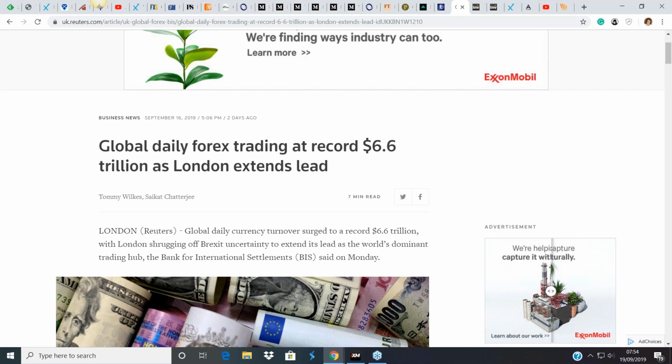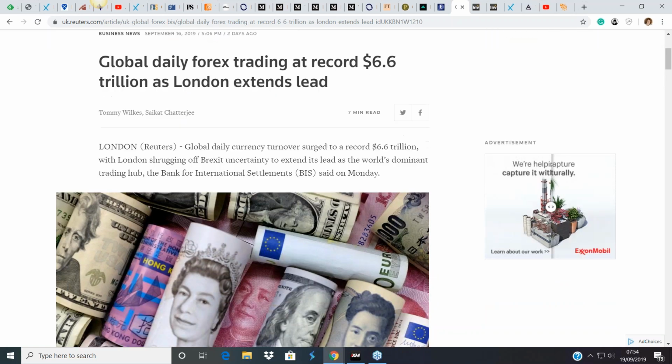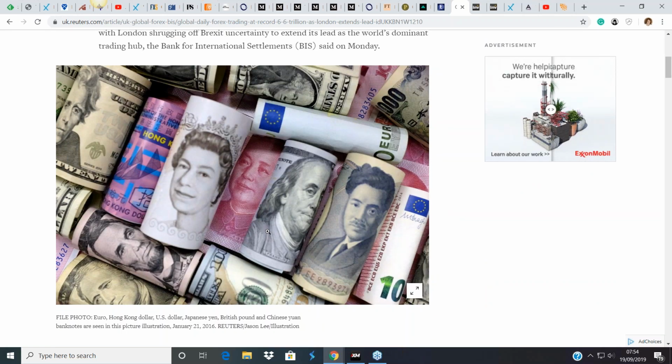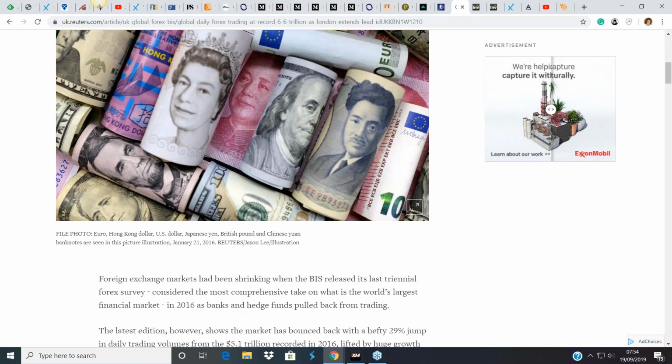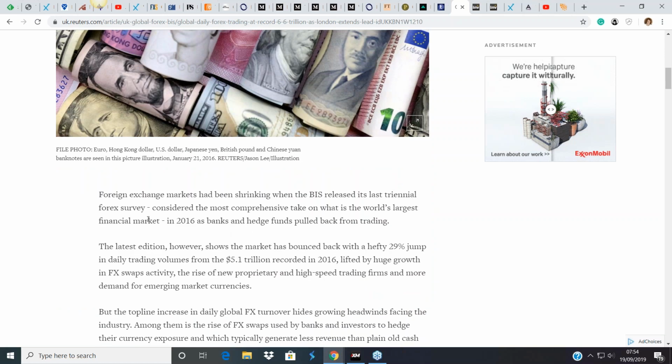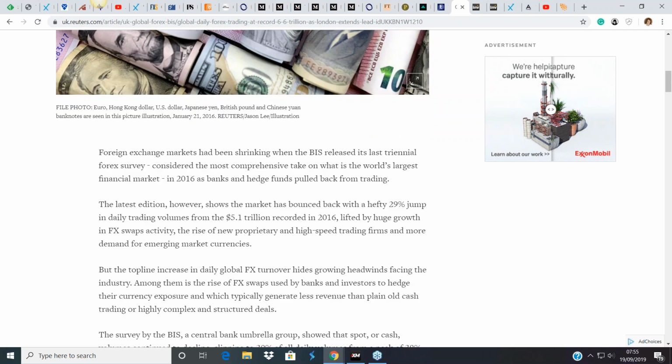London has 43% of that business. This market is sold to traders as anytime, any place, anywhere, which is true. It's absolutely true. The markets are moving all the time. But in reality, the optimum time, I'm not going to say the best time, the optimum time to trade, if you are able to do it, is actually now.